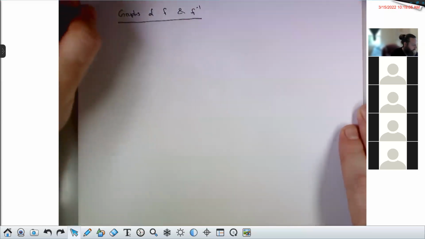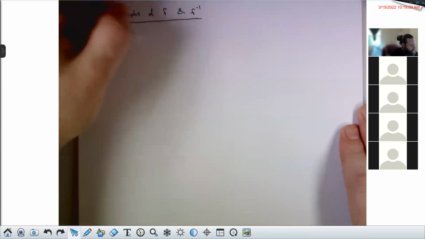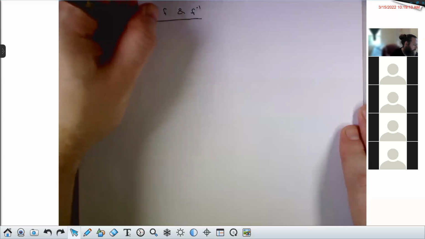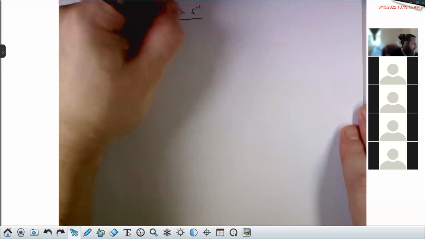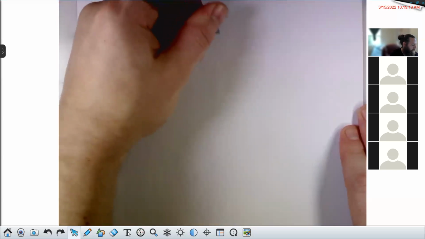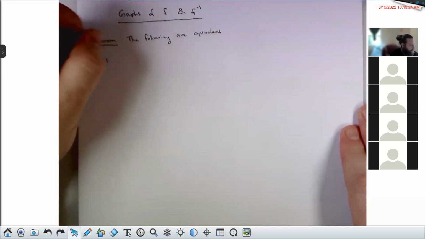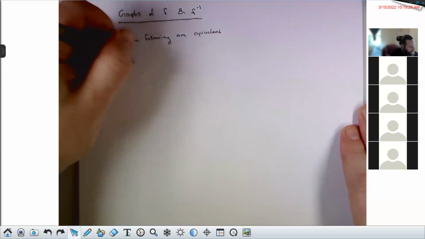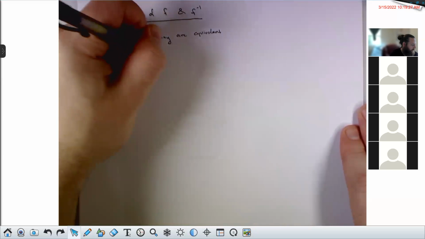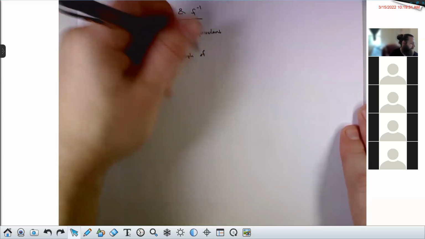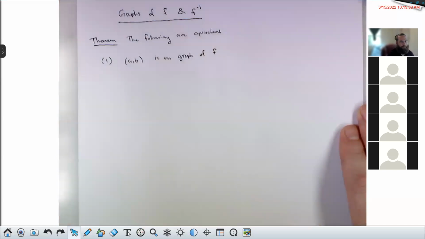Here's a fact. You can call it a theorem. The following are equivalent. 1. The point (A, B) is on the graph of F, the original.